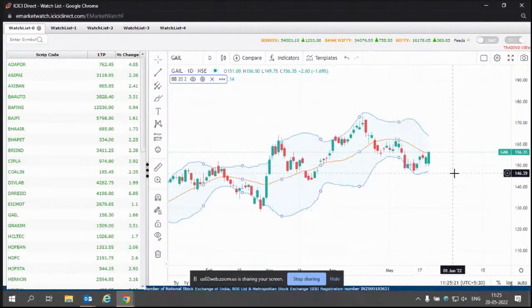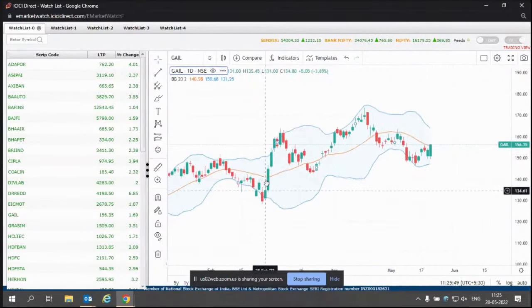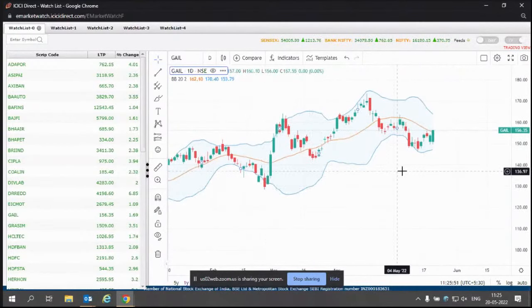See, whenever the stock, like A, touches the upper band of the channel, look at the selling pressure it has witnessed. Most of the time, whenever it has touched the upper band of the Bollinger Band, the stock seems to be overbought, and of course we have seen selling pressure. At the same time, it hardly touched the lower band, but recently in Jan 2018, it touched the lower band of the channel.